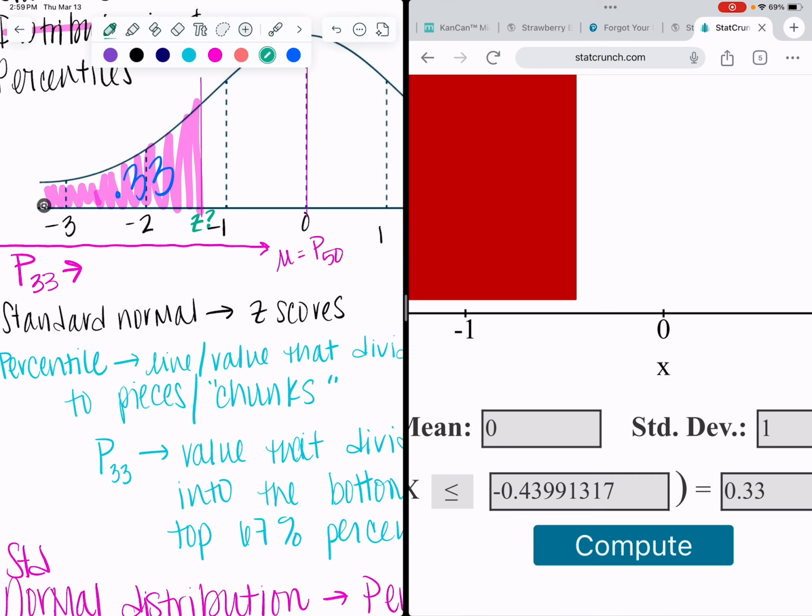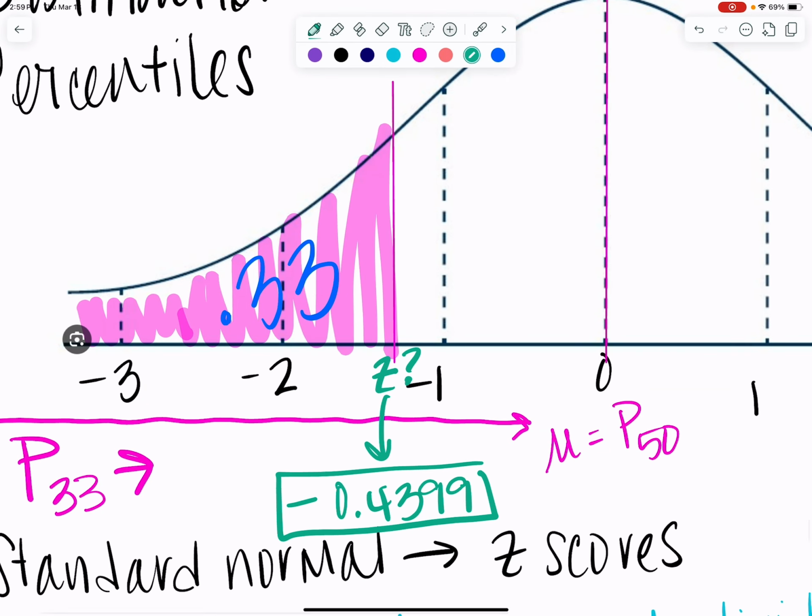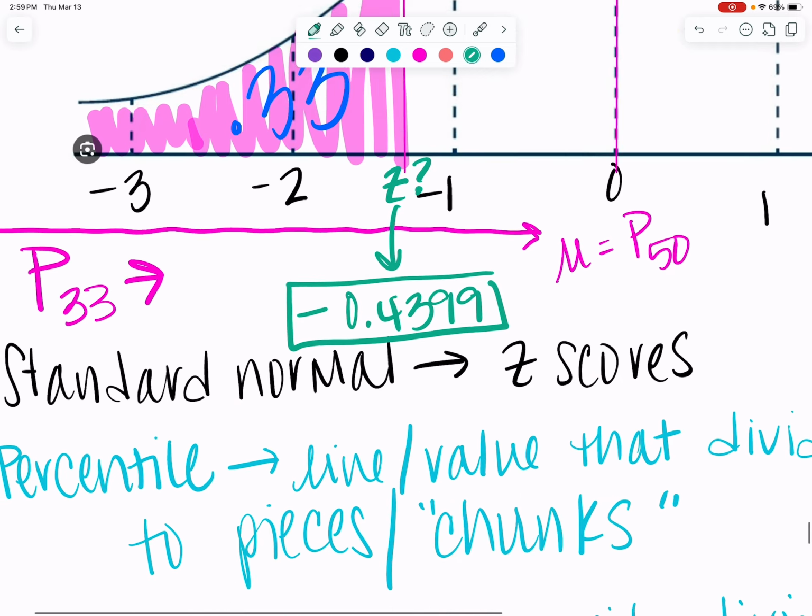This tells me that my little mystery z-score right here to 4 decimal places is negative 0.4399. That is my mystery z-score.